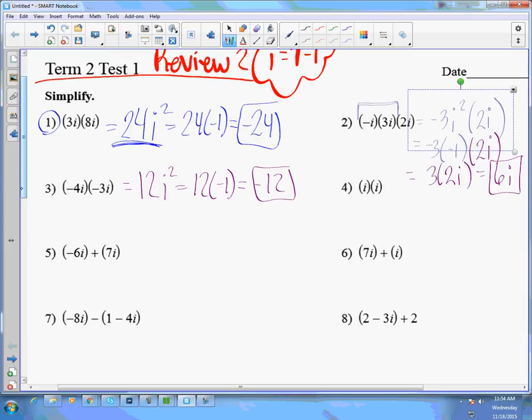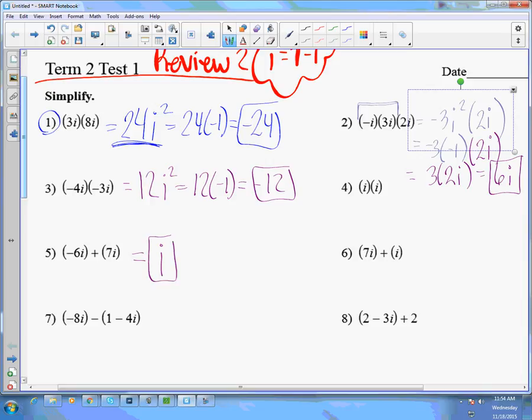So let's try number 5. You can do number 4 probably super quick. Number 5. Now this, -6i plus 7i. -6 plus 7. Good, right? -6 plus 7 is 1, right?